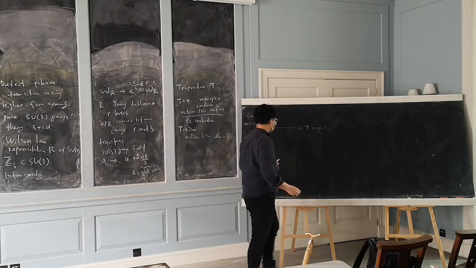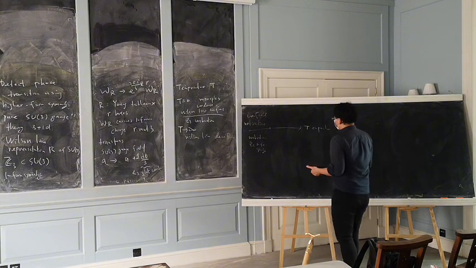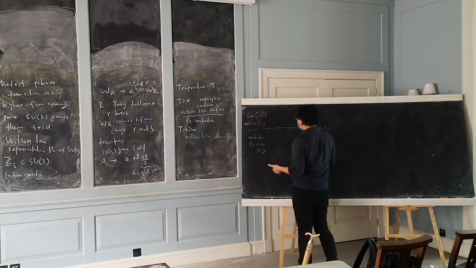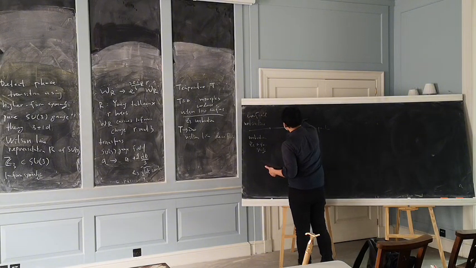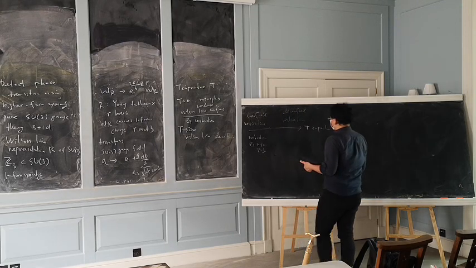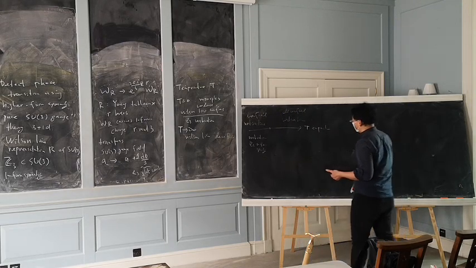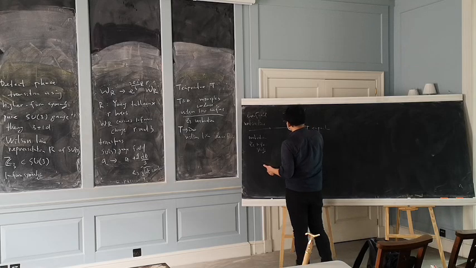Okay. And it's believed that when temperature is very high, eventually the Wilson line will become deconfined. And when the Wilson line is deconfined, the Z3 one-form symmetry is spontaneously broken.